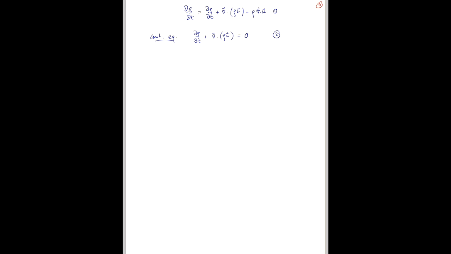So this is my equation 2. And if you compare these two, you'll find that this term and this term are actually the same.